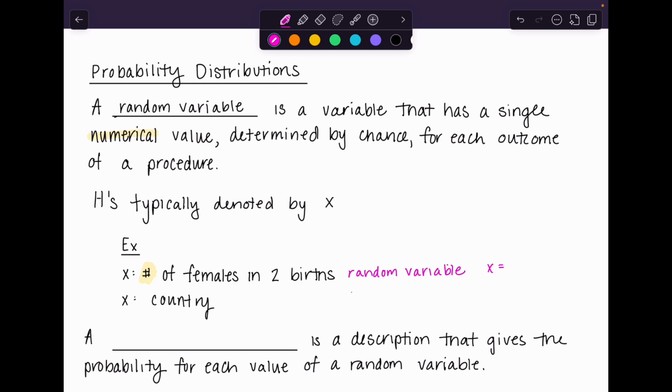X in this case could be 0 females in 2 births, 1 female in 2 births, or you could have 2 girls, okay? So we're gonna continue to work with this example throughout while we're building all this knowledge, and then we'll do a full example at the end as well. But if I change X to be a country, in this case, this is not a random variable.